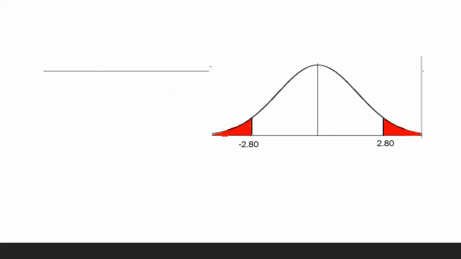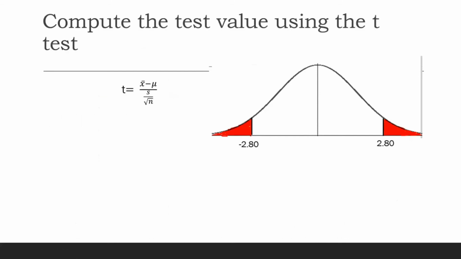So to find the test value, we will use the t-test. So t is equal to the sample mean minus mean divided by the standard deviation divided by the square root of n. So we have the given here. So 355 minus 360 divided by 9 divided by square root of 25.